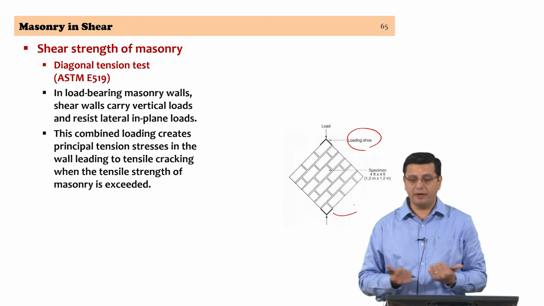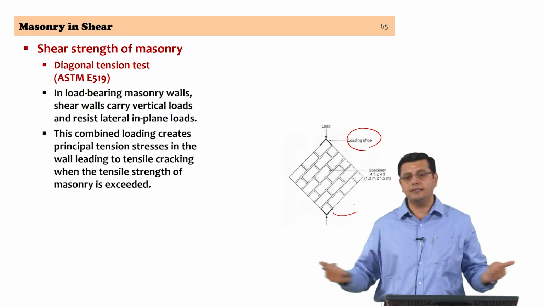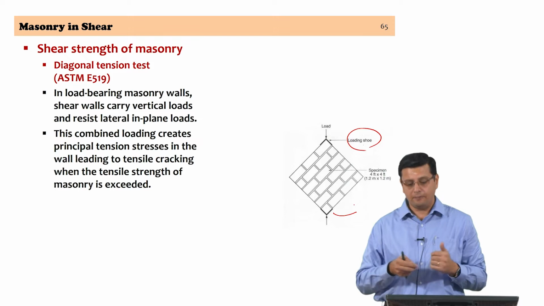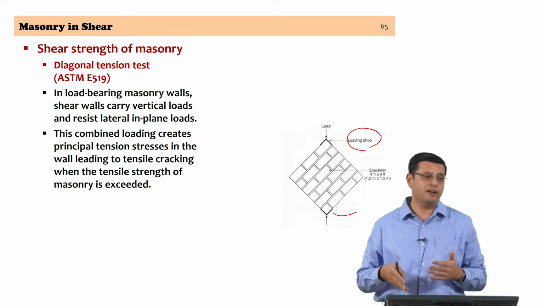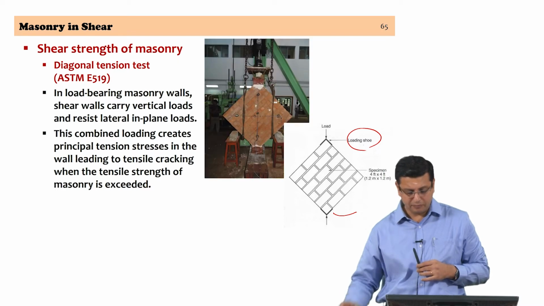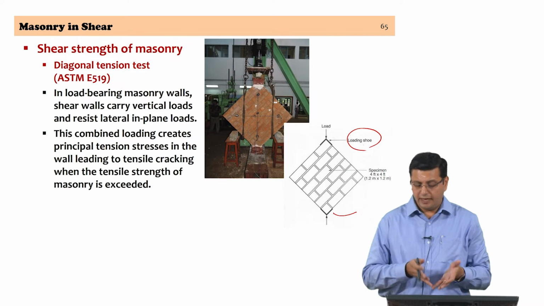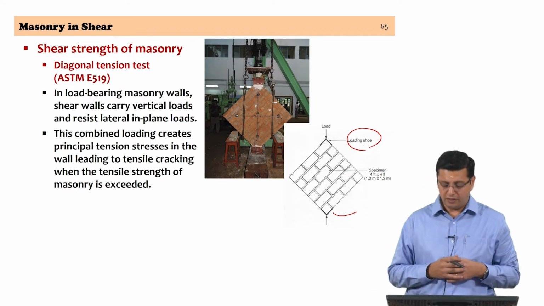Under the action of compression, it develops tension, it is unconfined on the sides, it develops tension along the other diagonal, and you will have failure in the masonry. So, we will examine the setup and then discuss the rationale behind this sort of a test.